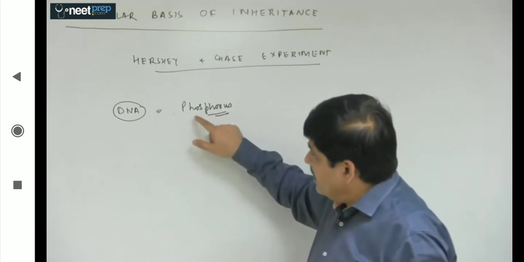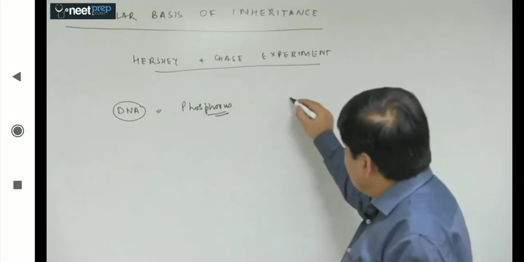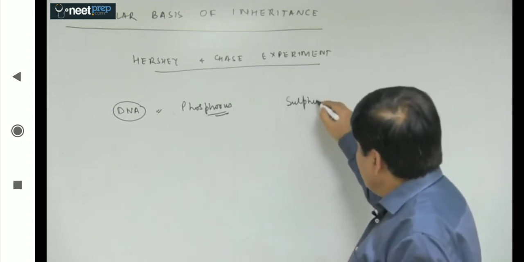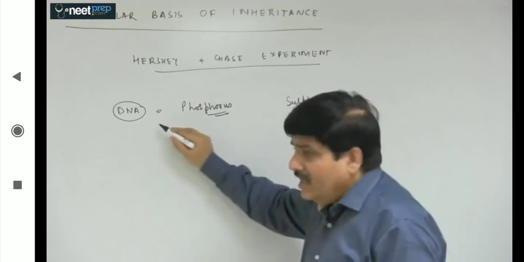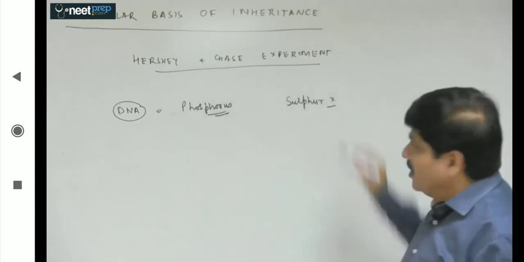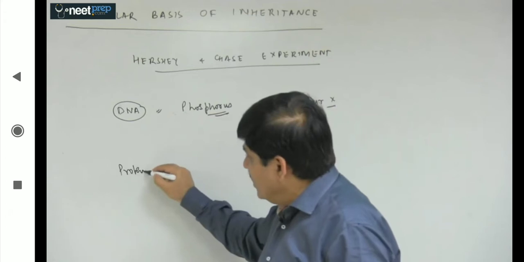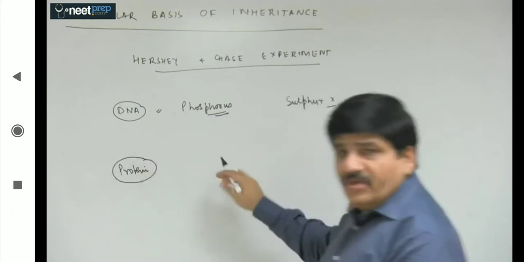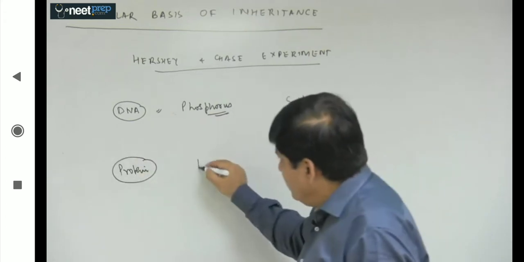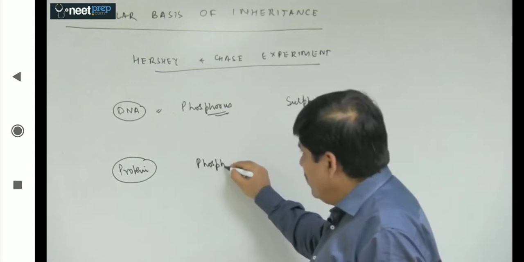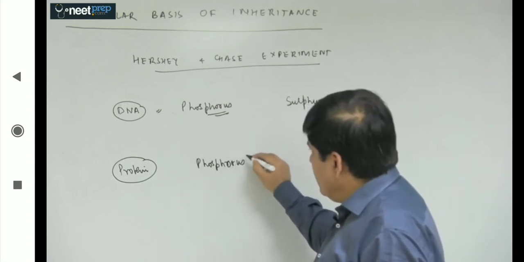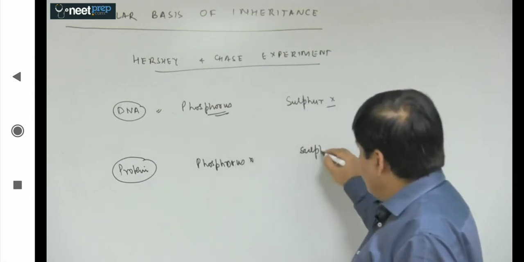That phosphate contains phosphorus, but it does not contain sulfur. So in DNA you have phosphorus present but not sulfur. On the other hand, the other biomolecule of contention, protein, is the other way around. It will normally not contain phosphorus, but it will contain sulfur.